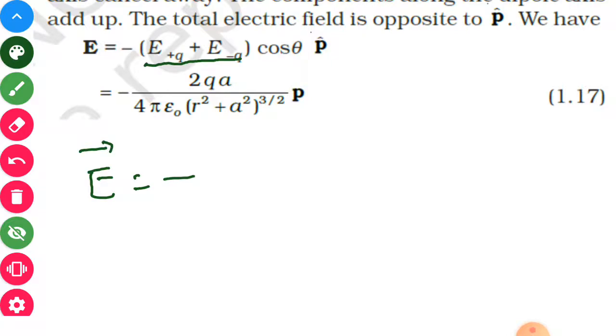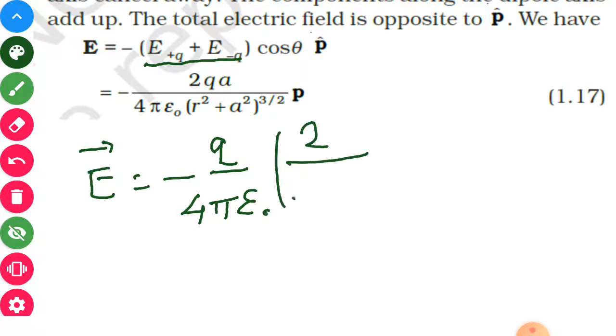Okay, q upon 4 pi epsilon 0, 2 times r square plus a square, because both the values are same, so it becomes twice.